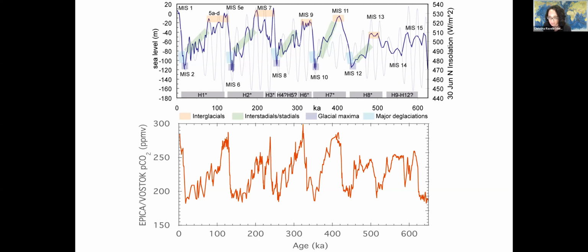So we're essentially going to be able to get windows of high resolution climate variability during periods of different mean states, as shown here.